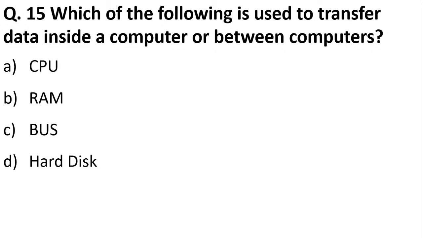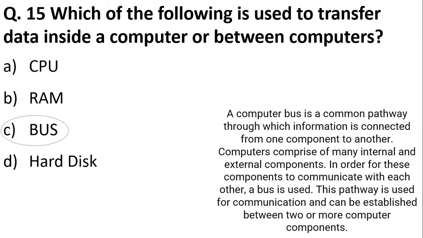It is called a bus. C is the answer. Buses are like cables or pathways that are used to connect components within a computer or different computers. It is actually just used for communication. It could be one way or two way.